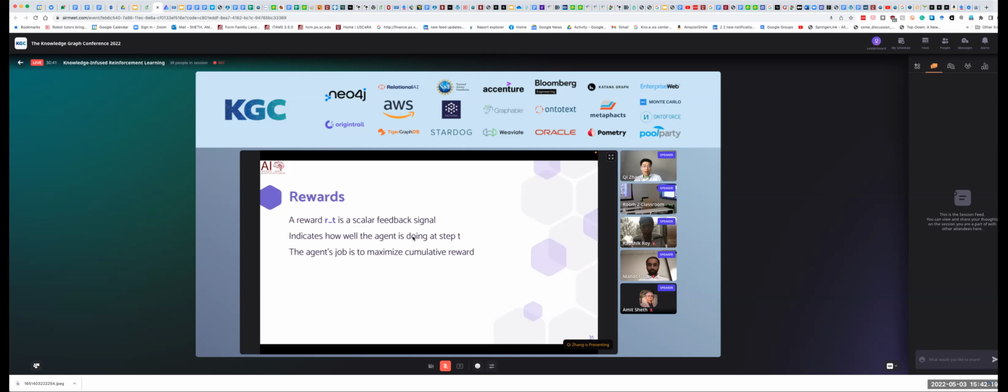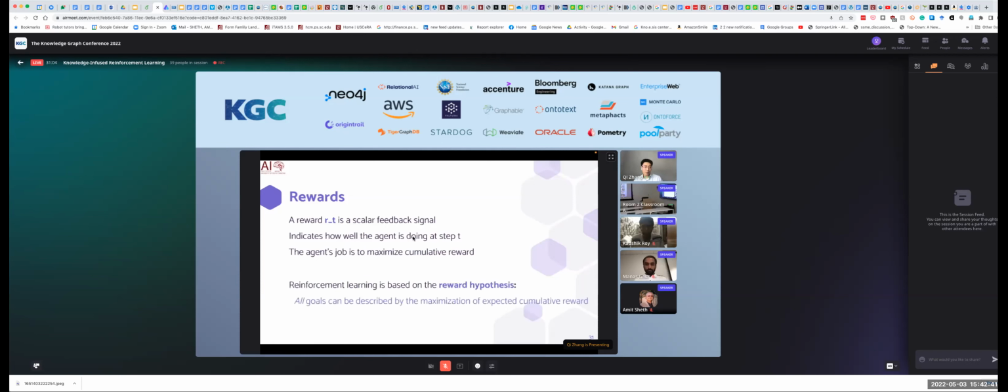At every time step t, a reward is generated, which can be perceived by the agent. And the agent's job, the dog's job, is to try to maximize the cumulative reward, which is nothing but the sum of those rewards over time.